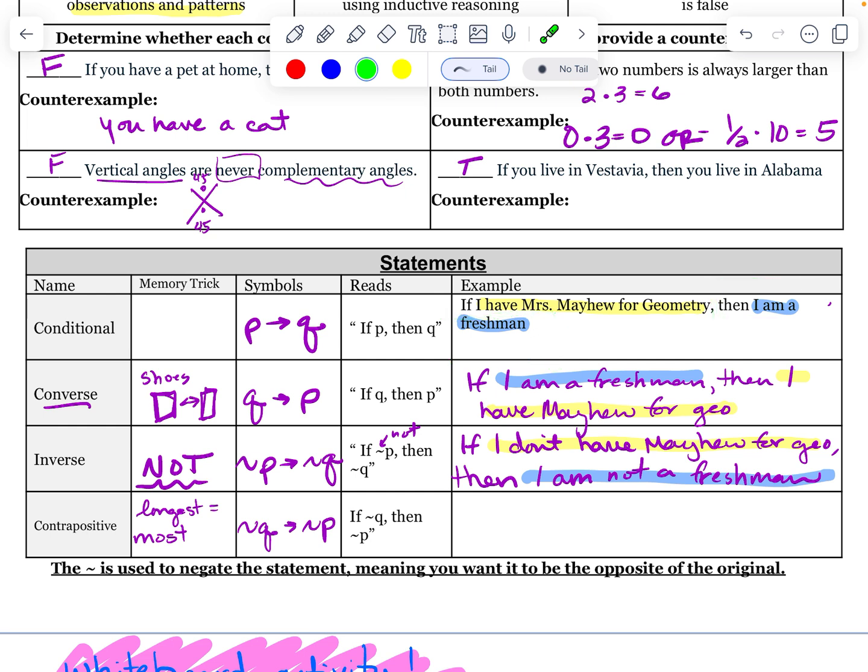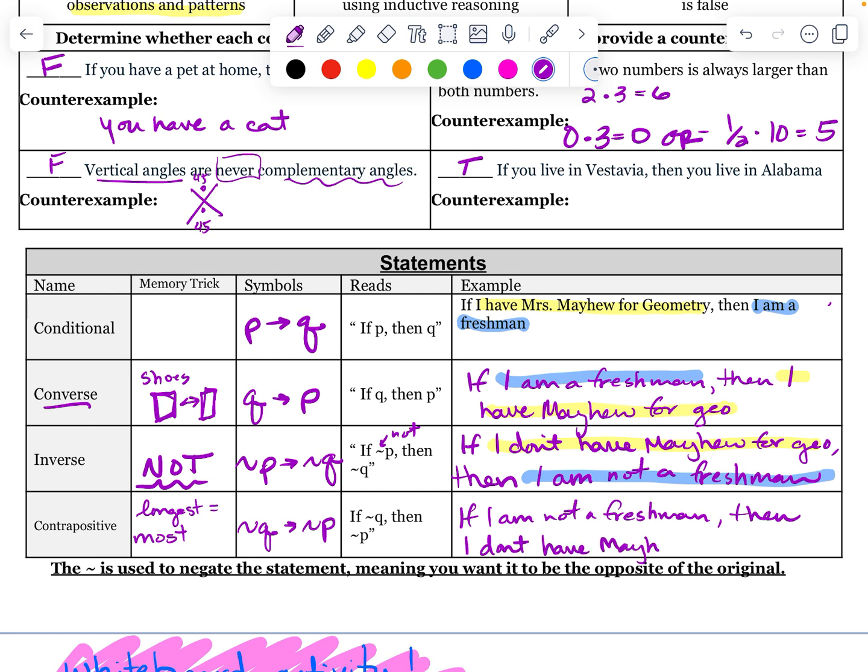Then I am a freshman, but I need it to be not Q. So if I am not a freshman, then, and I take this top piece, I take the original hypothesis, I not it, and I've moved it to the end. So if I am not a freshman, then I don't have Mayhew for geometry.